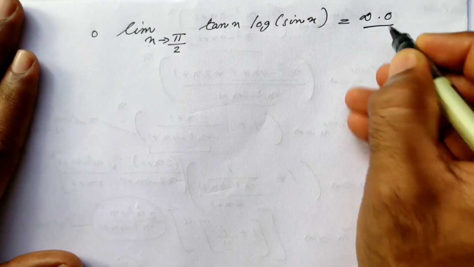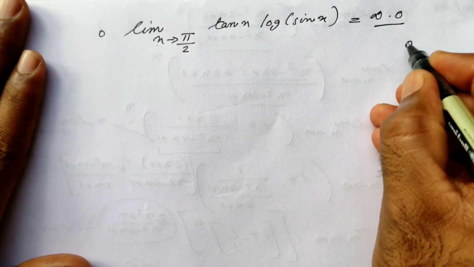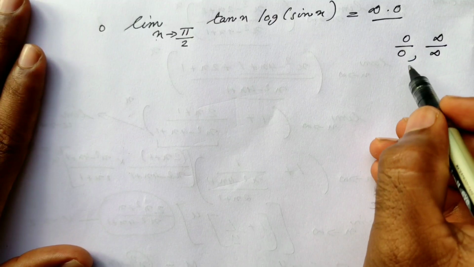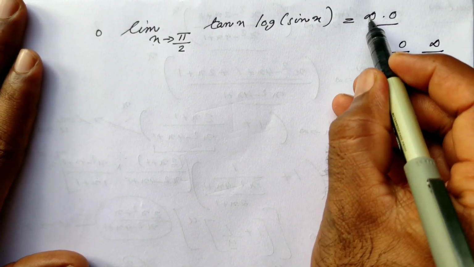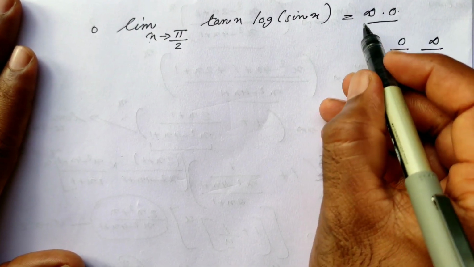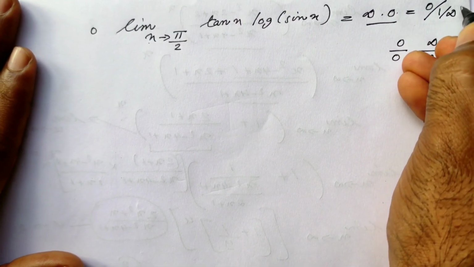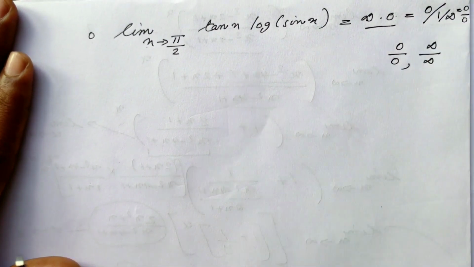And it is indeterminate, but it is not in the form of 0 by 0 or infinity by infinity. So to convert this infinity into 0, we can make it as 0 divided by 1 by infinity, and it will become 0 by 0 form.